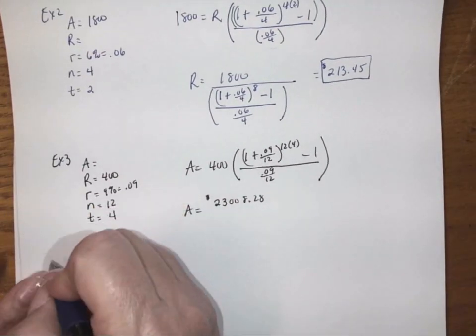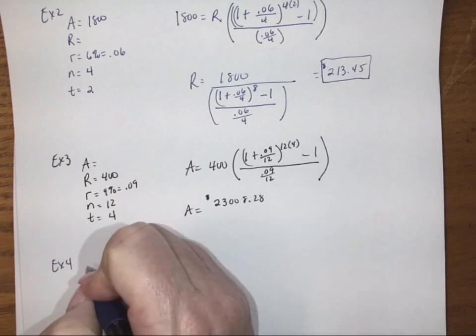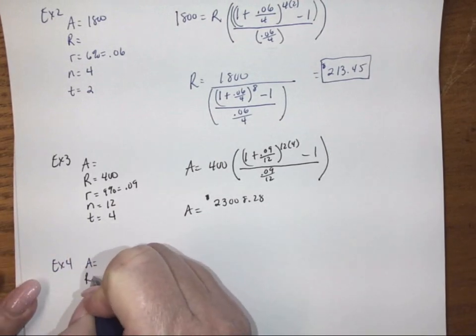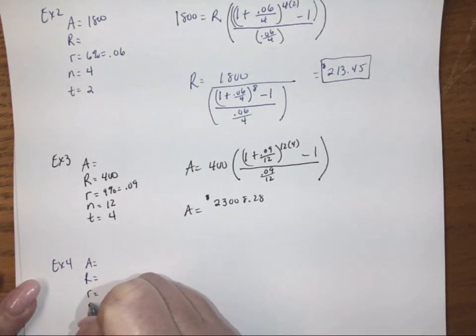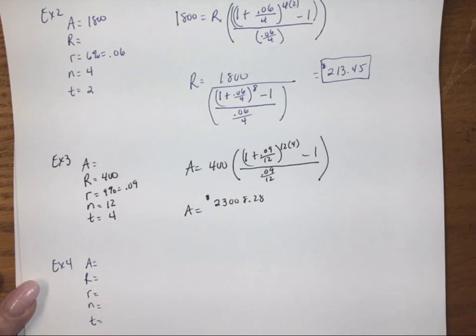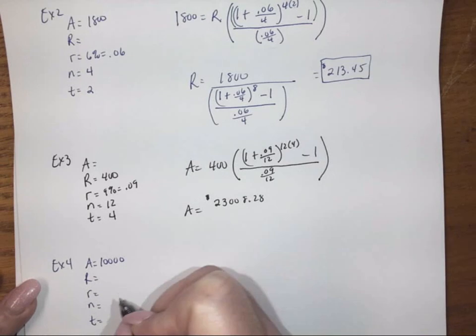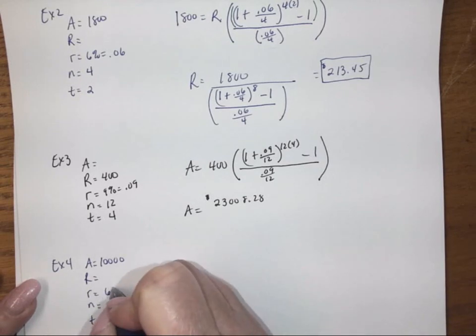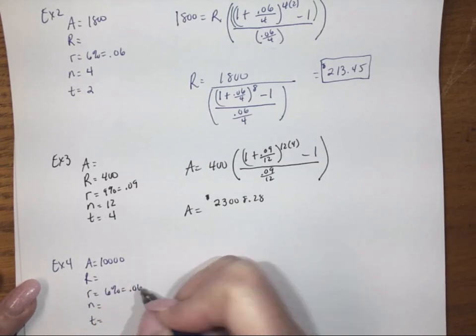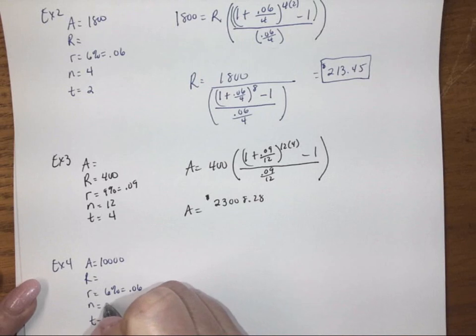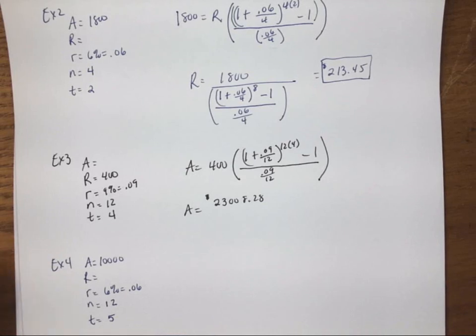All right, so on example 4, A, R, little r, N, and T. So big A is 10,000. Our little r is 6%, which becomes 0.06. Our N is 12, because it's monthly, and T is 5. All right.